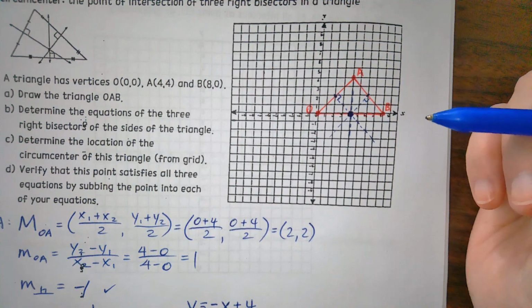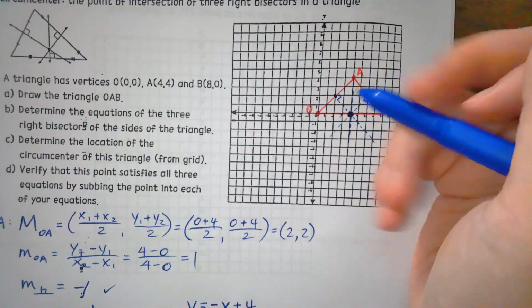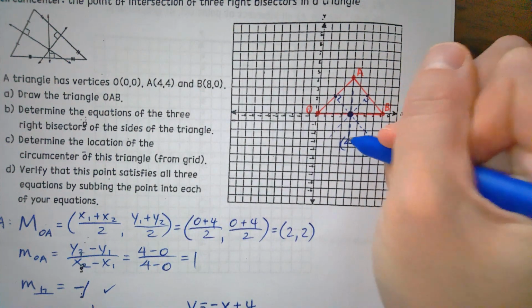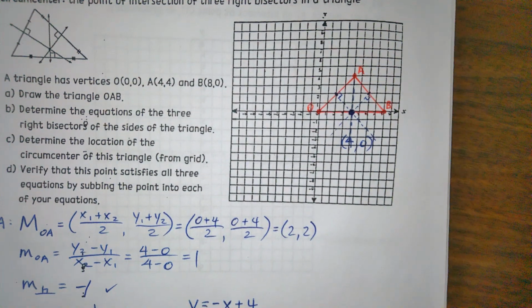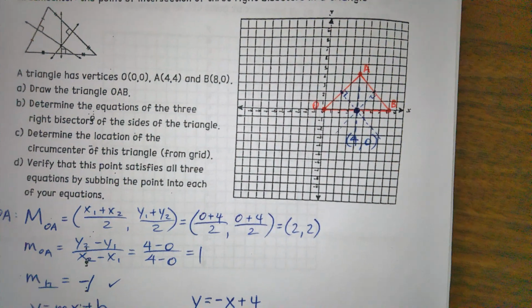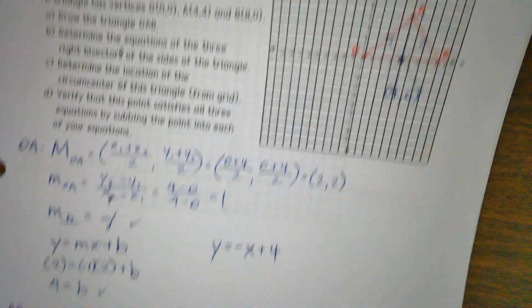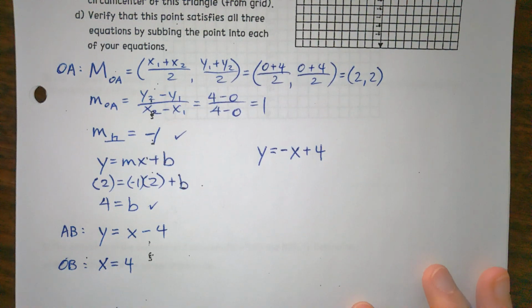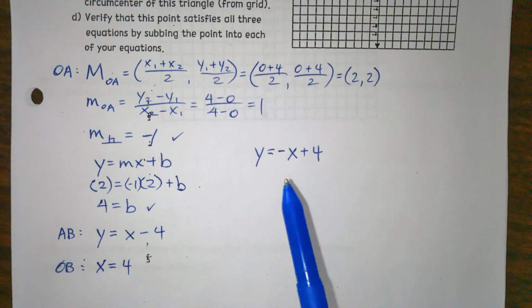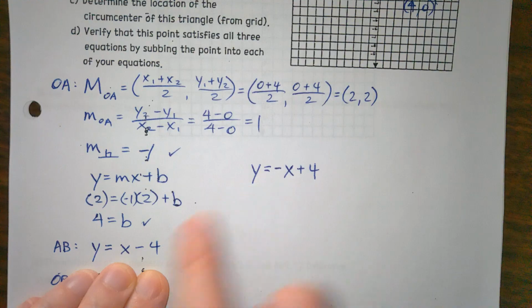Okay, so what is your circumcenter? Think again. (4, 0). Right, so my circumcenter is at (4, 0) at this point right here. Verify that this point satisfies all three equations. You know how Andy said this is a pain to solve? If I just give you these two equations and ask you where they intersect, what would you do?